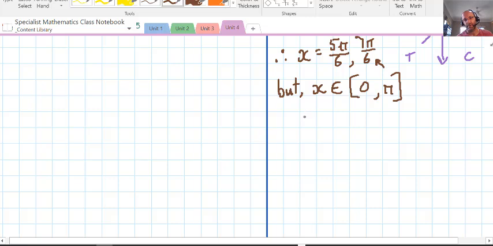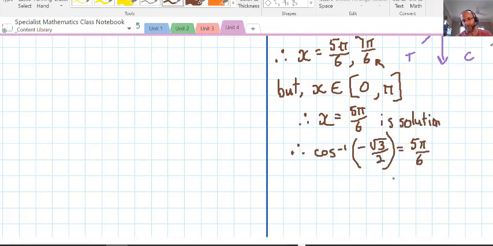So 5 pi on 6 is the solution. So there we go, 5 pi on 6 is the solution. In other words, the simplified solution to inverse cos of negative root 3 over 2 is 5 pi over 6.